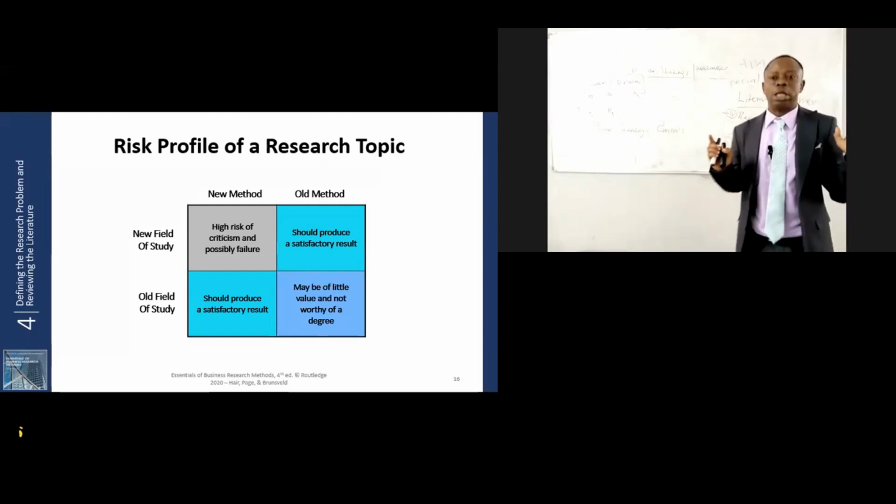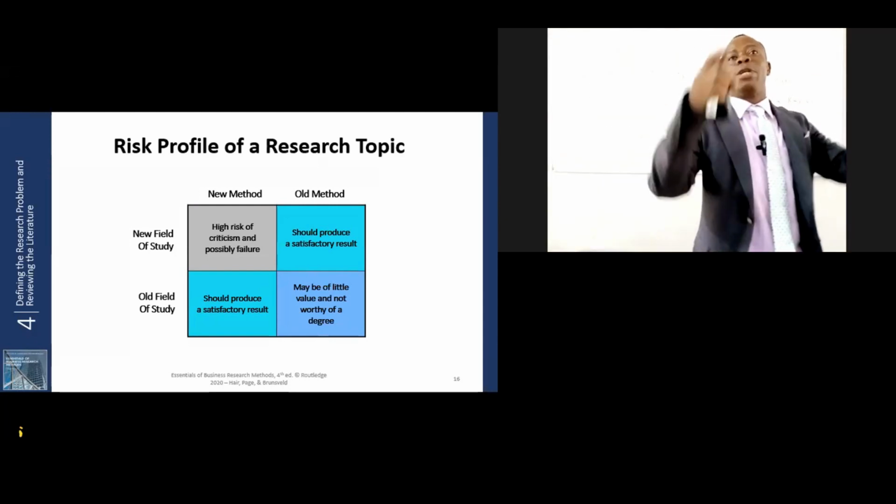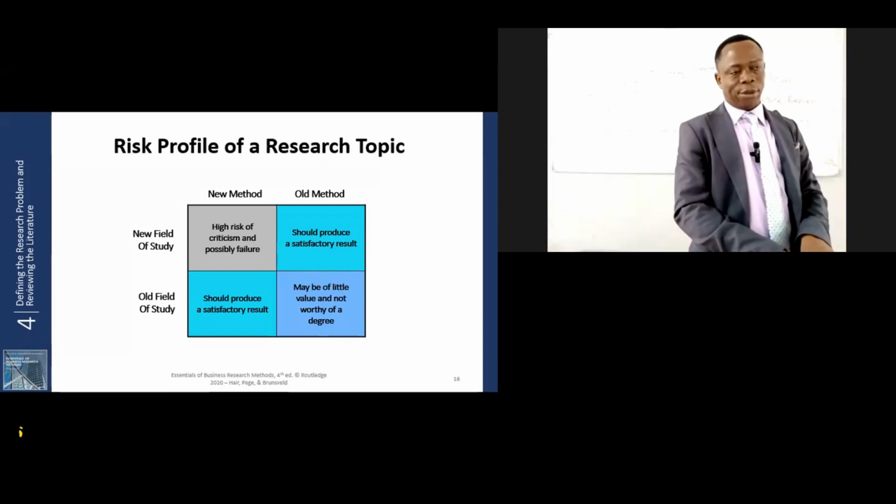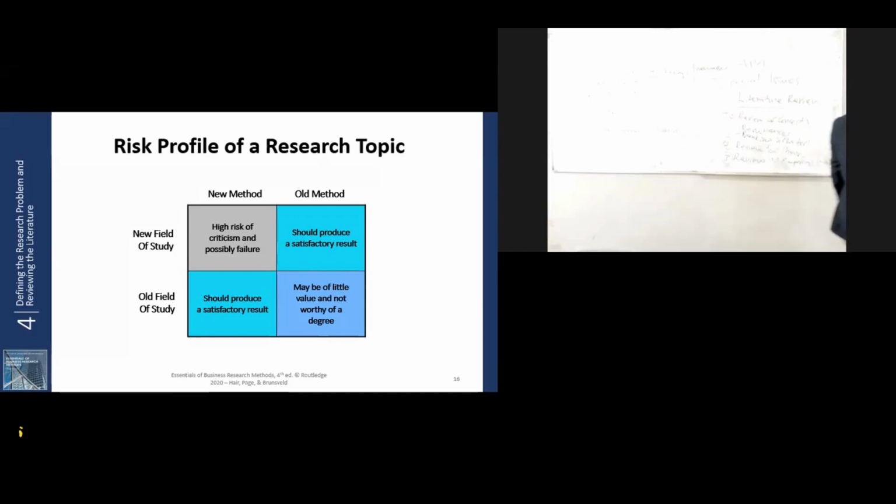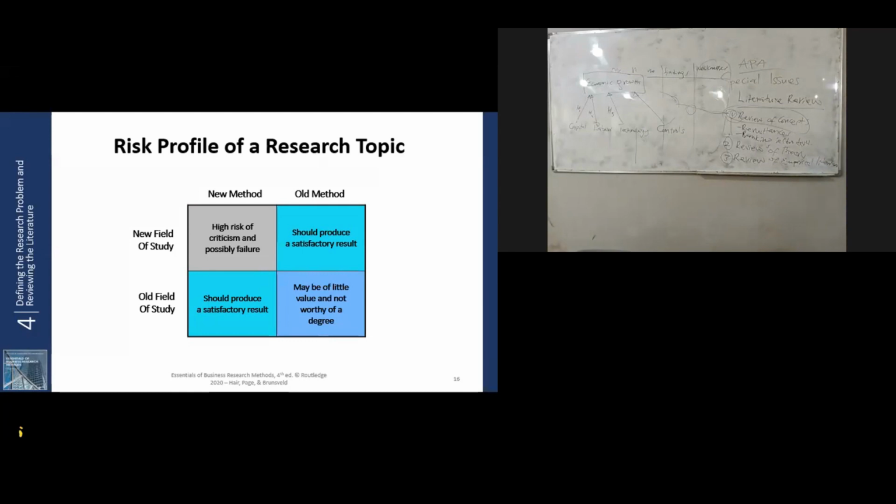But you are using an existing method that has been established. Okay? Then let's come down here. You have old field of study, new method. It's an old field of study. It is just that you are introducing a new method. So your contribution is methodological in nature. So you should be able to produce satisfactory results.